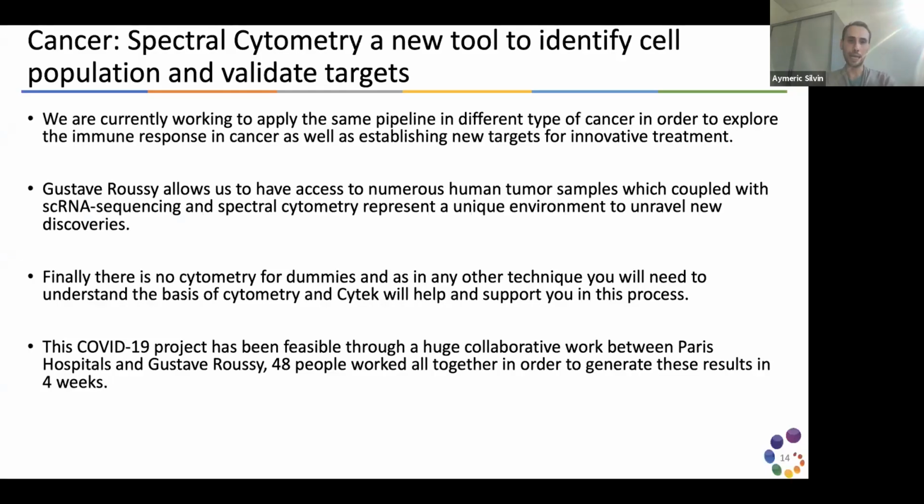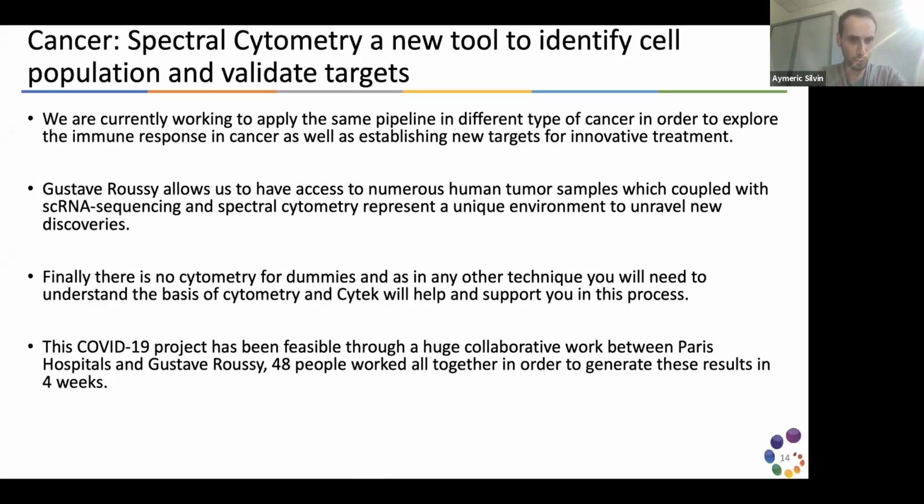I would like to conclude that Gustave Roussy is a cancer institute. So we basically use the pipeline that I showed you in COVID-19, but it's a pipeline that we will use also in cancer in order to establish new targets and to find innovative treatments for our cancer patients.